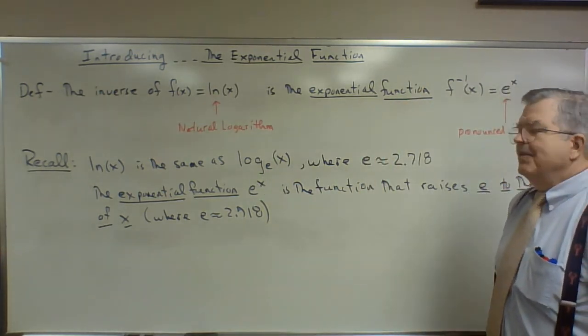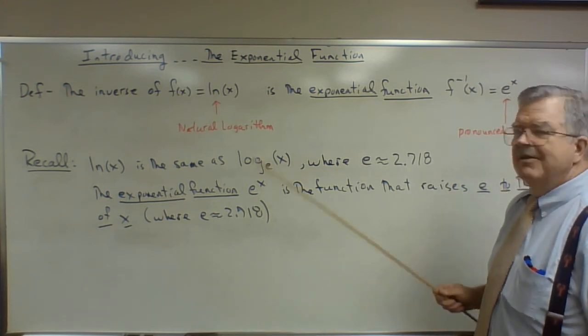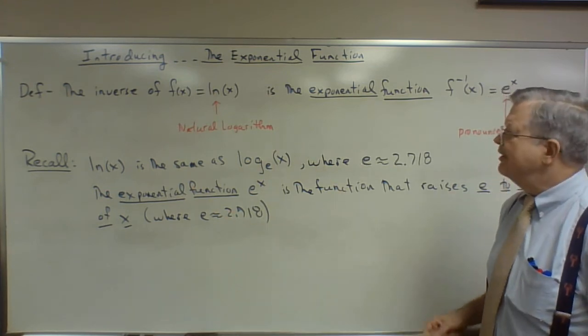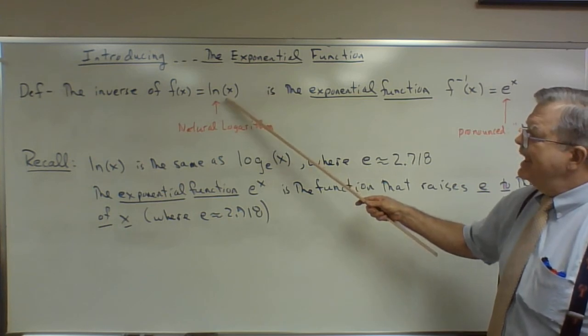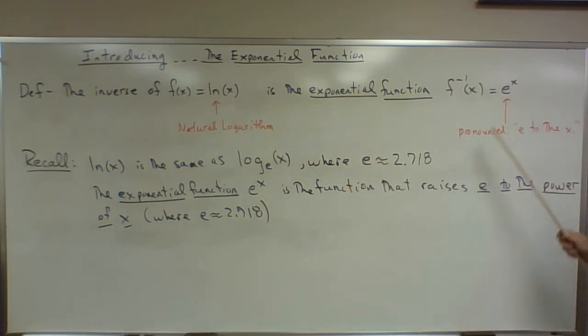But for right now, we're going to concentrate on function inverse pairs. The inverse of natural logarithm of x is e to the x.